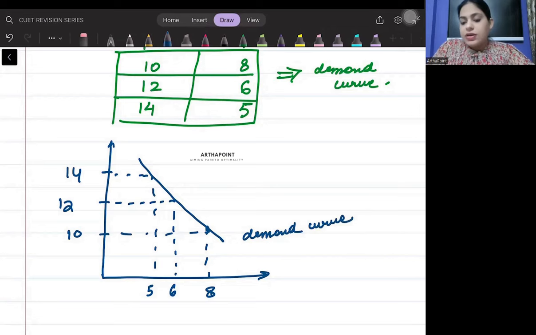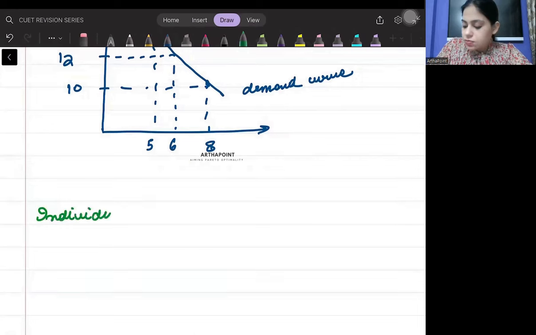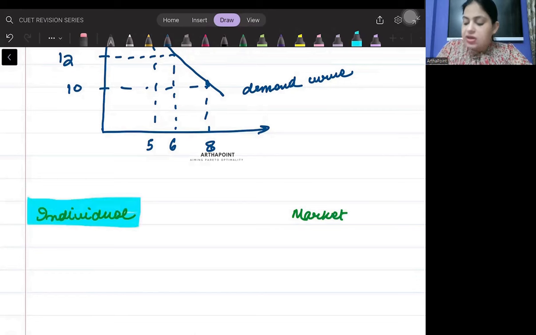Now, in demand curve there can be an individual demand curve and there can be a market demand curve. When I talk about individual demand curve, beta, individual demand curve means the demand curve of one individual. जैसे for example, demand curve of individual A, individual B, एक individual का demand curve एक point पे.